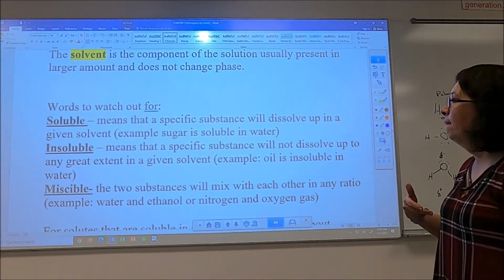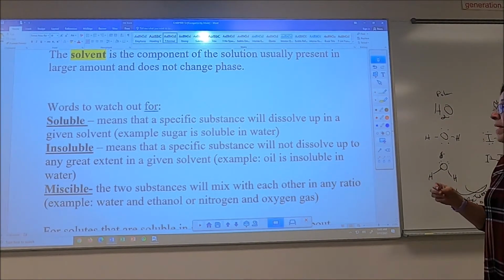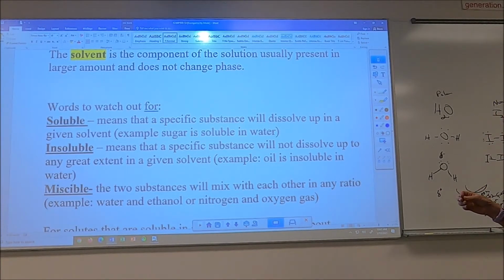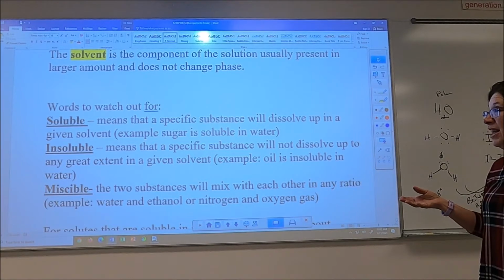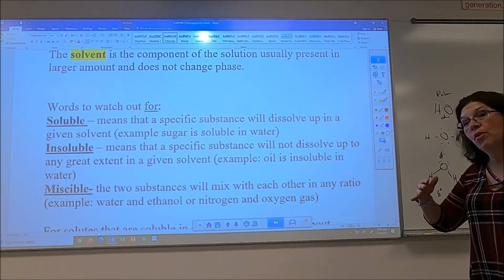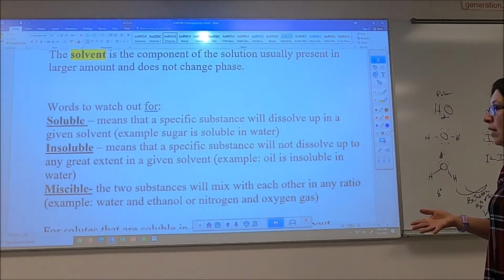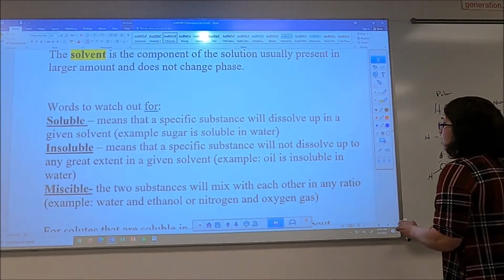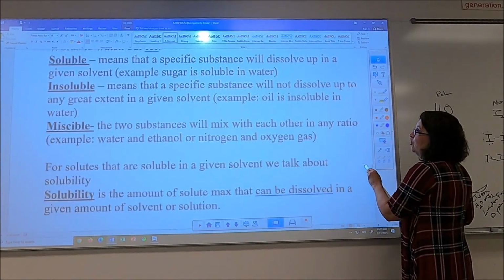Insoluble means a specific solute, or substance, will not dissolve to any great extent in a given solvent. Water and oil don't mix, so we could say that oil is insoluble in water. Miscible means that they'll mix in any ratio.